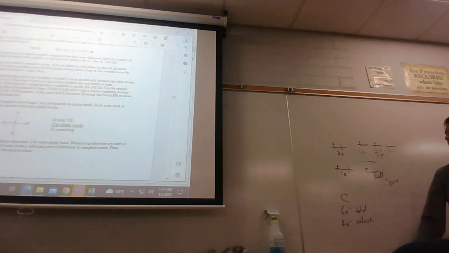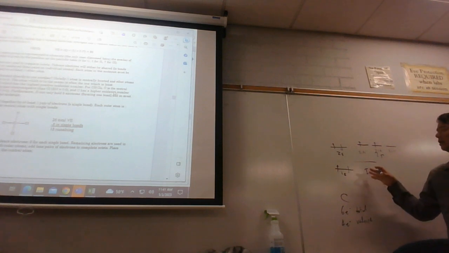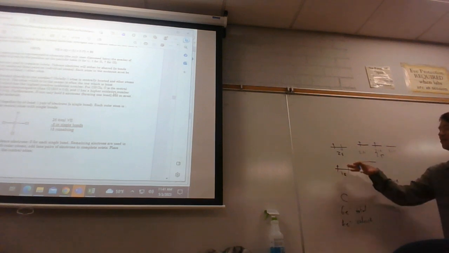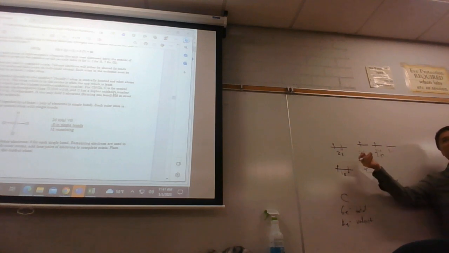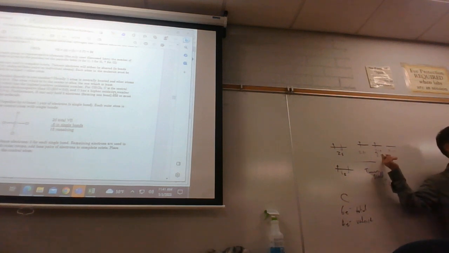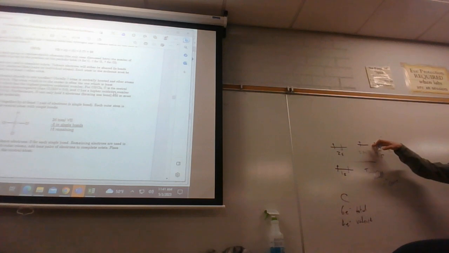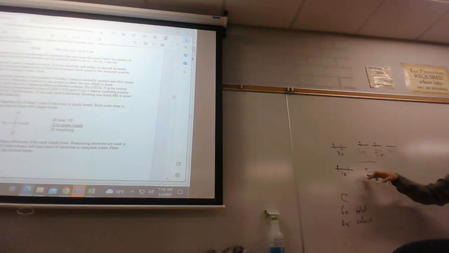Which ones are going to be less effectively shielded? In other words, which ones are more penetrating? The 2s are more penetrating, so they're less effectively shielded. And the 2p are less penetrating, so they're more effectively shielded. This is why they're higher in energy, because they're shielded more by these inner shell electrons.